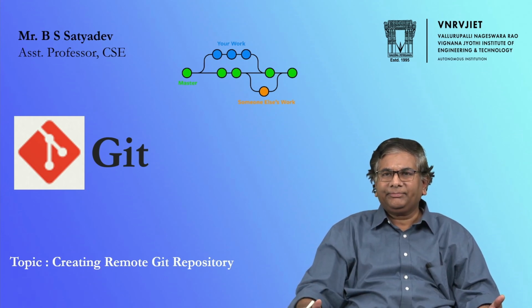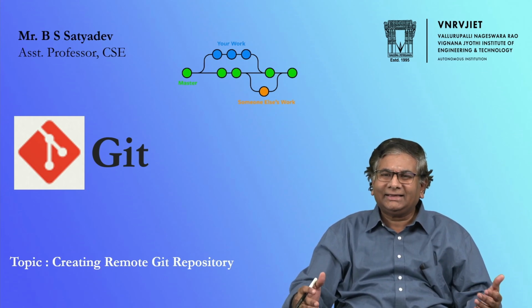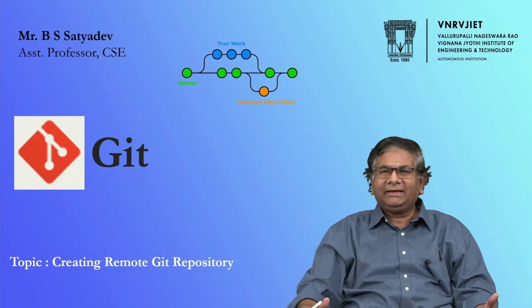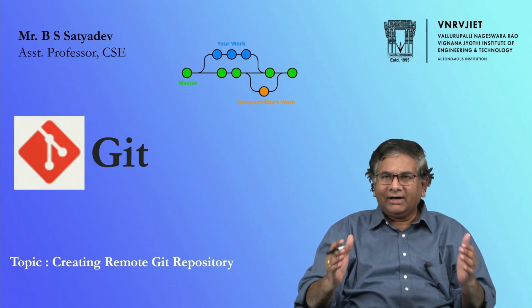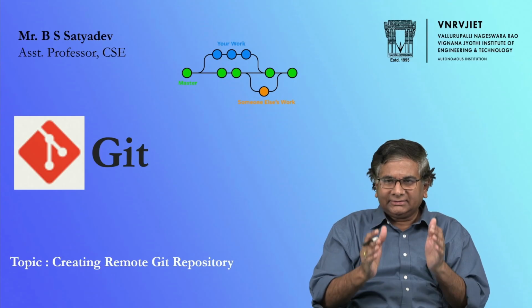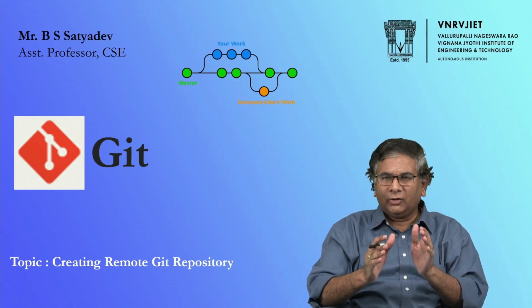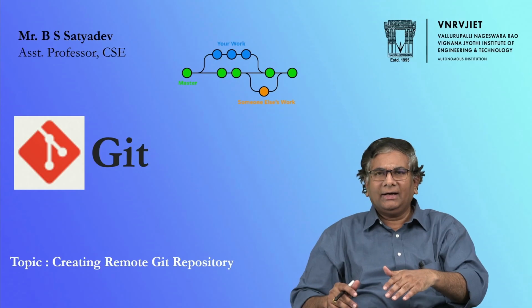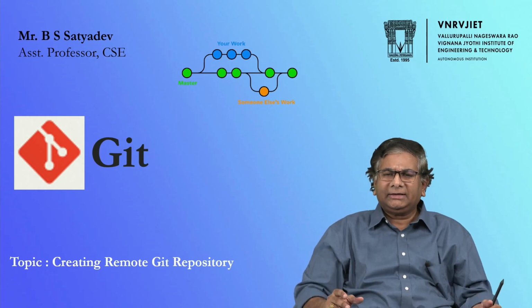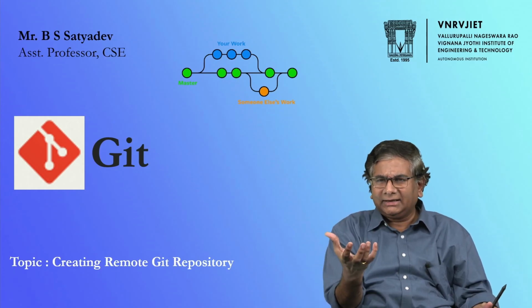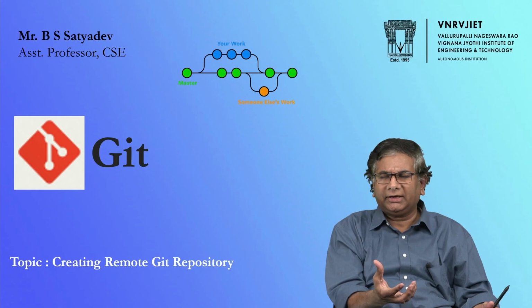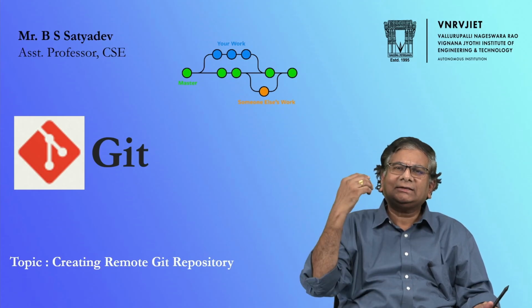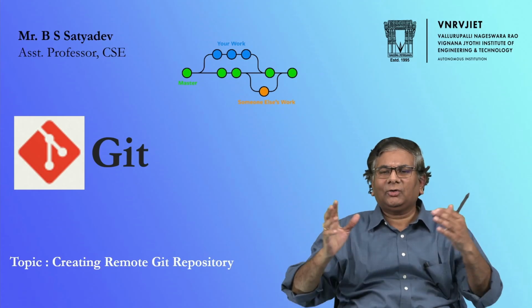So basically, it is working like a centralized repository, but it is not, because whatever code that you have, along with its commits, is going to be there on your machine and other machines that are connected to the central repository. So the central repository is just basically another Git repository which is having your own repository, but which is accessible to many other people so that you can collaborate.